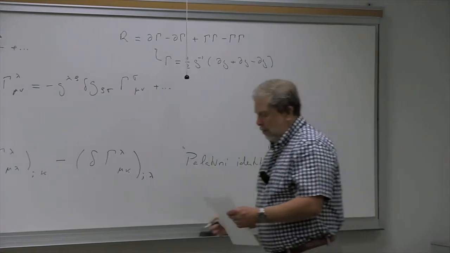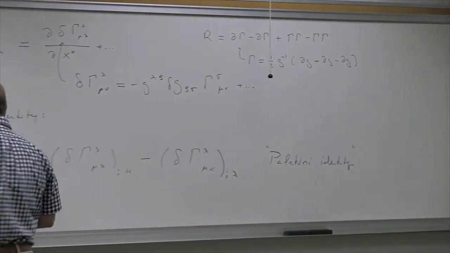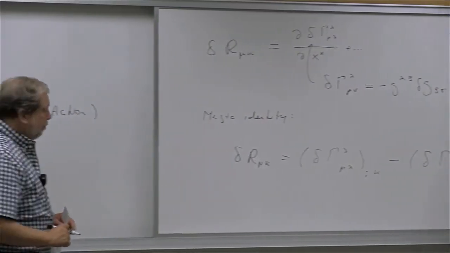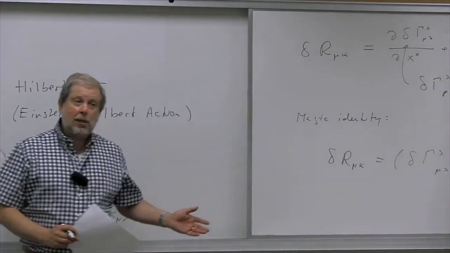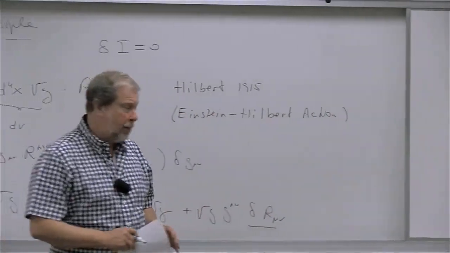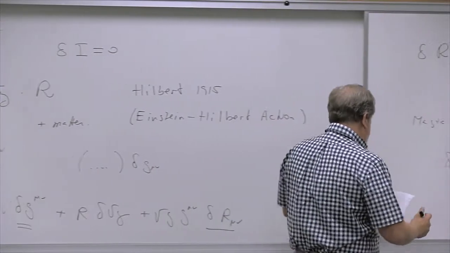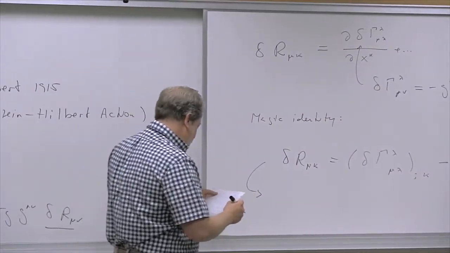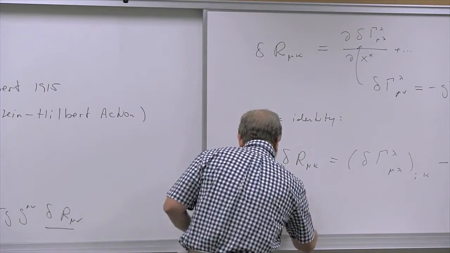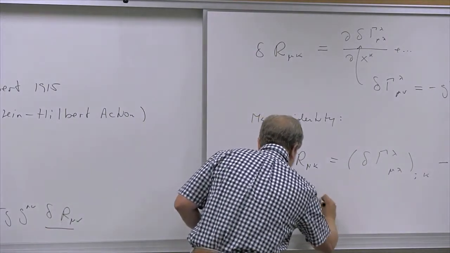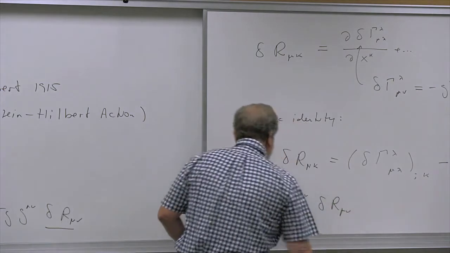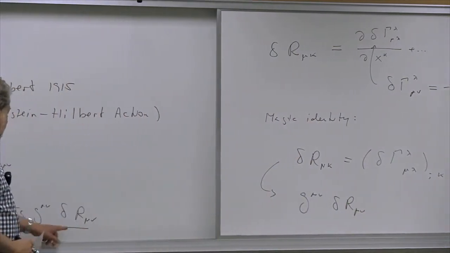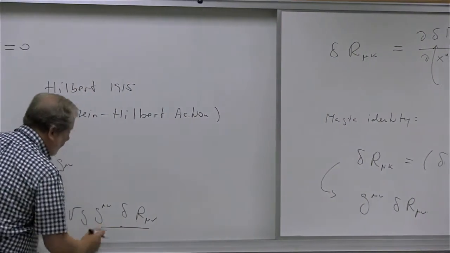And if you write out what this Palatini identity implies, it basically tells us that the variation of R mu nu is a total derivative. And so what you get from this by a few additional manipulations is that when you multiply this by g mu nu, in other words, g mu nu times dR mu nu, which is what we have here, right?